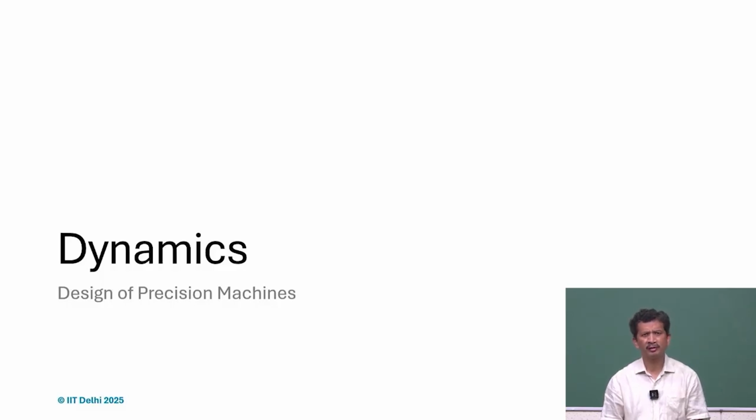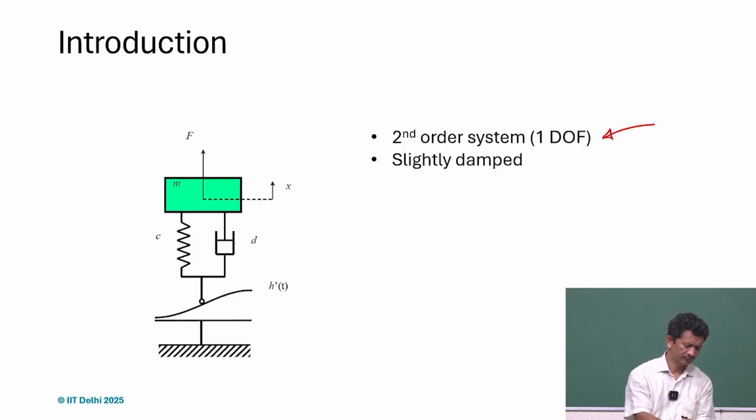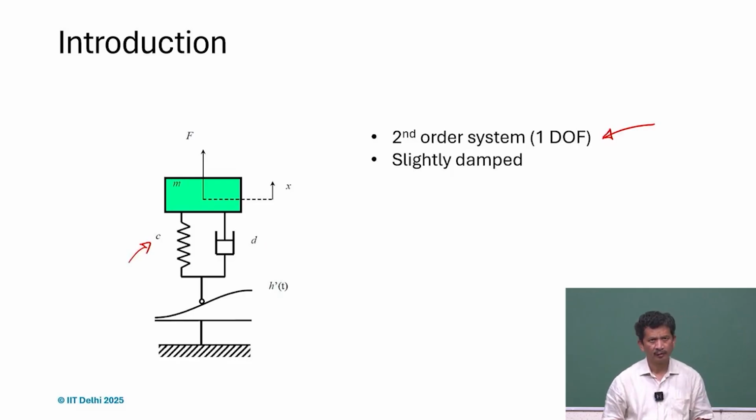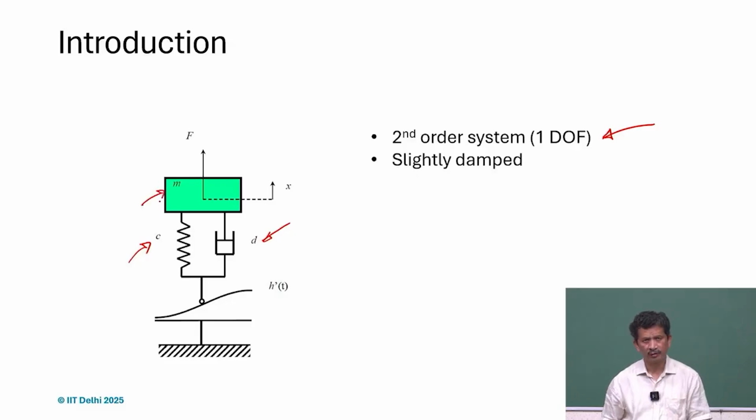Many of the things we learn in vibration courses. So for instance, if we take any mechanical system, most of the time we can model it as a second order system with a stiffness C and some damping D and mass M. So these are the parameters we talk about many times.